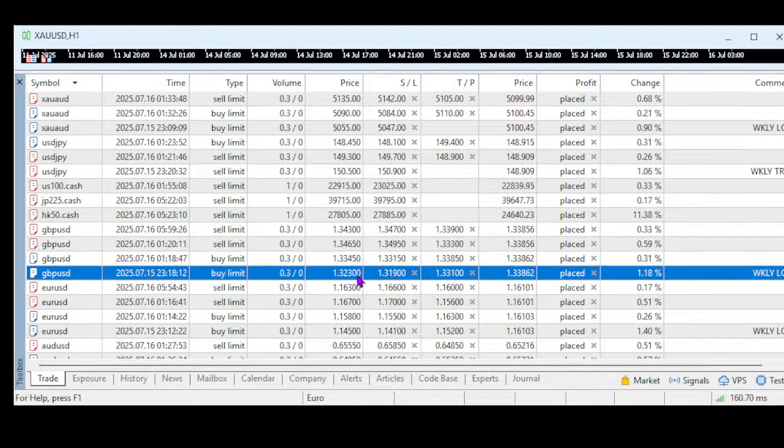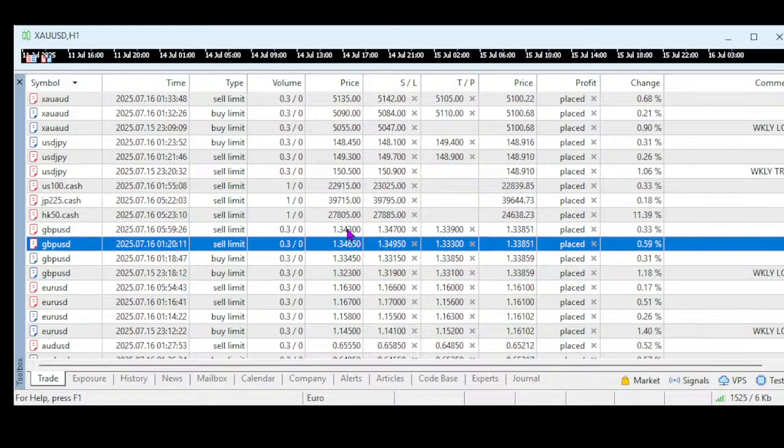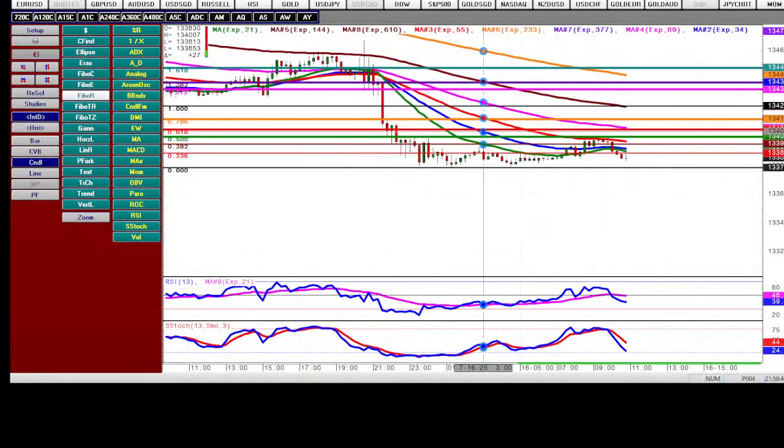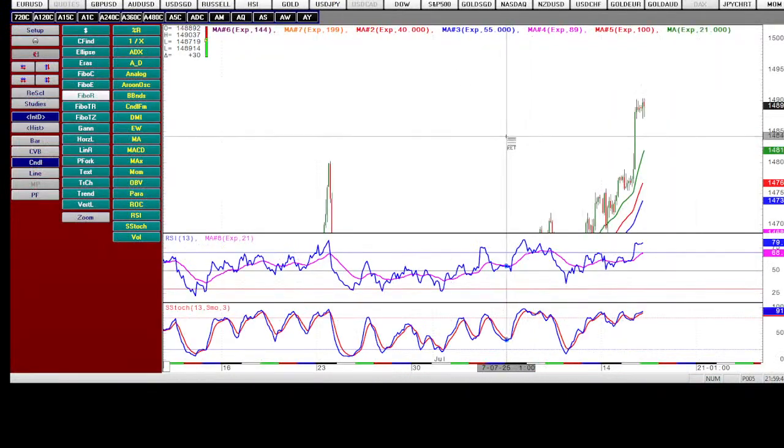This is a weekly buy, daily sell, scalping sell, and scalping buy. Okay, so we have 4 orders. So let's move on to the next trade, which is the dollar yen.